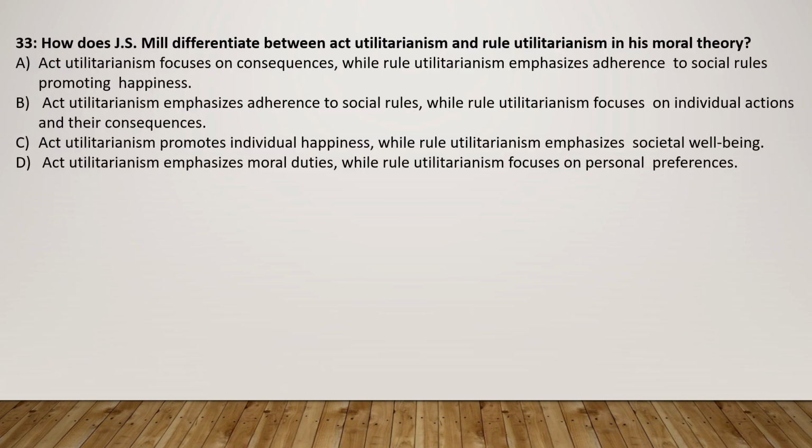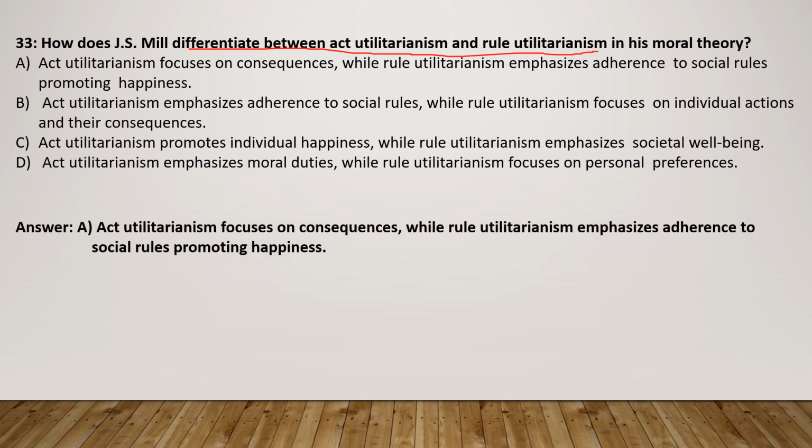How does John Stuart Mill differentiate between act utilitarianism and rule utilitarianism in his moral theory? Act utilitarianism focuses on consequences, while rule utilitarianism emphasizes adherence to social rules promoting happiness.